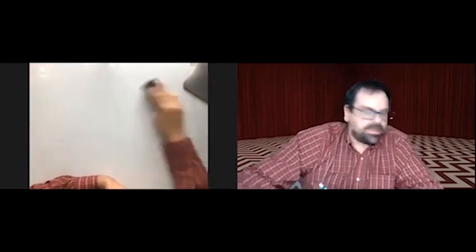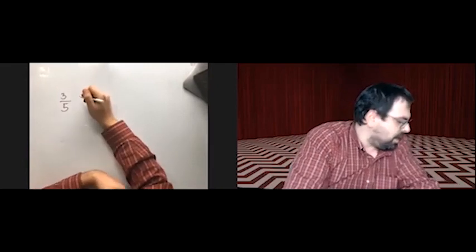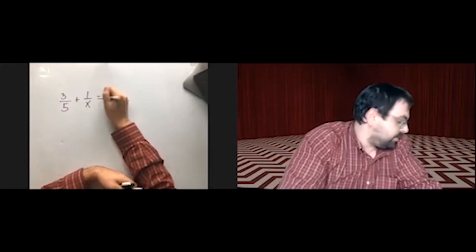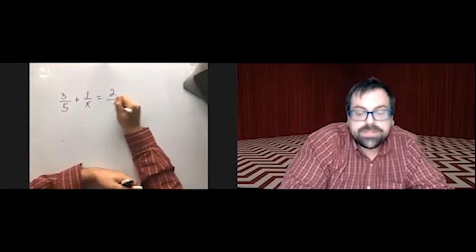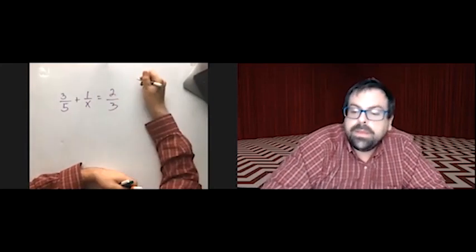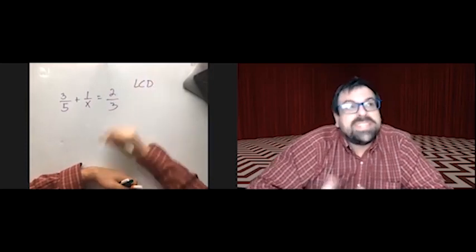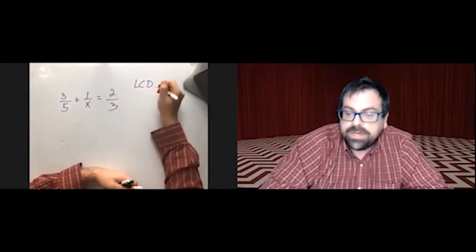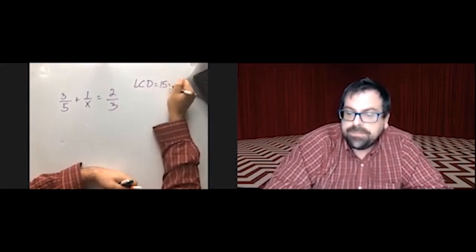So let me clean this up a little bit. Let me write it down again. Problem was 3/5 plus 1 over x equals 2/3. The LCD of everything, 5, x and 3, would be 15x.